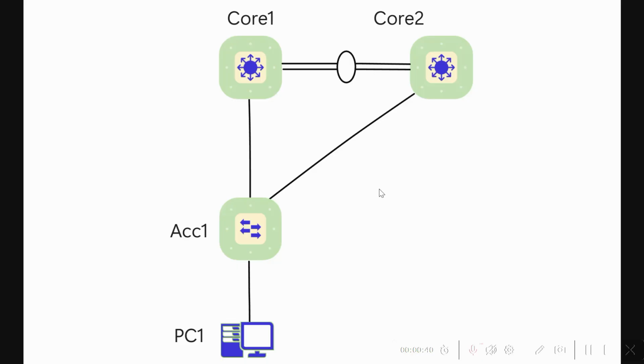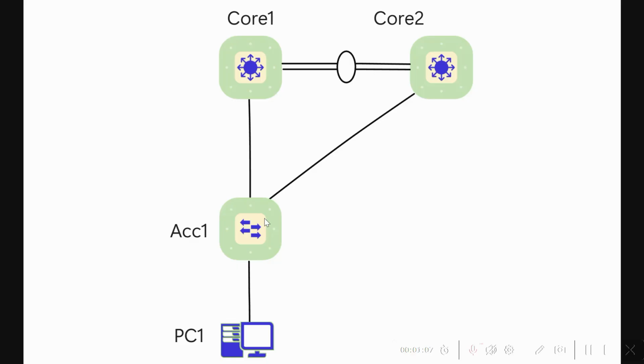So this is the topology we are going to build. We have two core switches in HQ. This is Core 1 and Core 2. We will connect them together with two interfaces and put them into an EtherChannel or port channel, bundling them together. And then we will have the access switch, called ACC1.